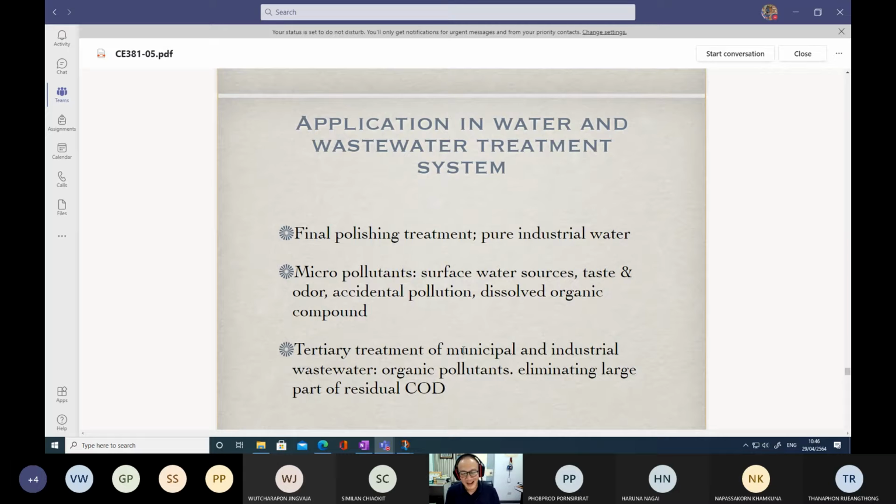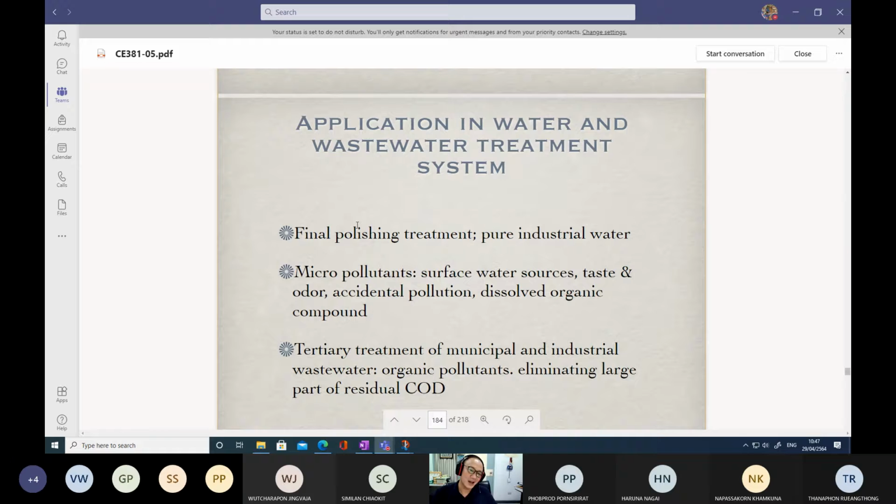The removal of nitrogen and phosphorus are also part of the tertiary treatment or the advanced water and wastewater treatment process. As I told you, we normally use this process to remove micropollutants.